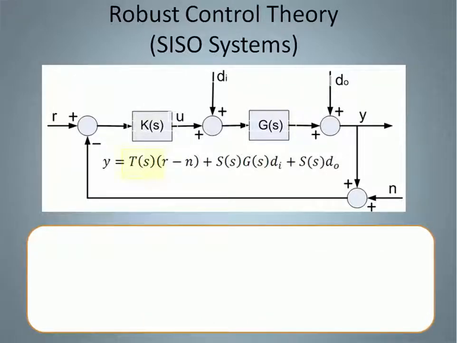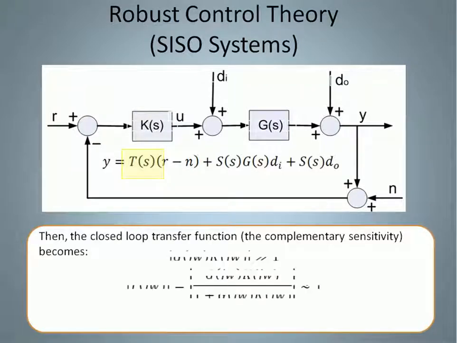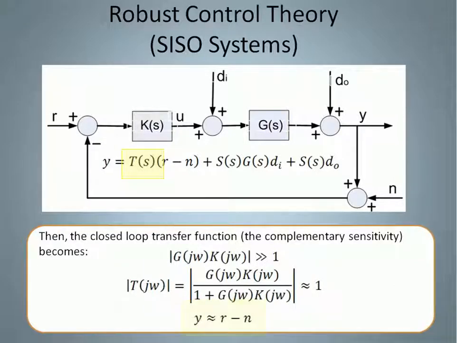Then the closed loop transfer function, that is the complementary sensitivity, becomes, and the output Y can be approximated to. Notice that it seems we have succeeded in making the system insensitive to the disturbances DO and DI, but we have failed miserably with the measurement noise N. Notice that the noise apparently goes through and affects the output completely.